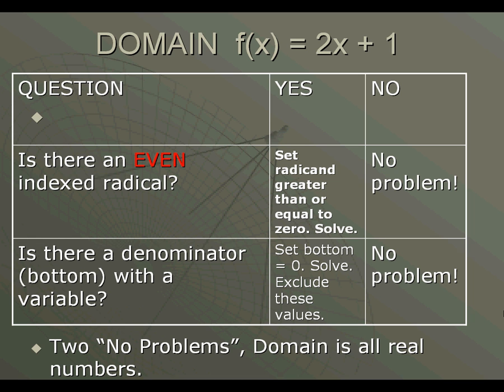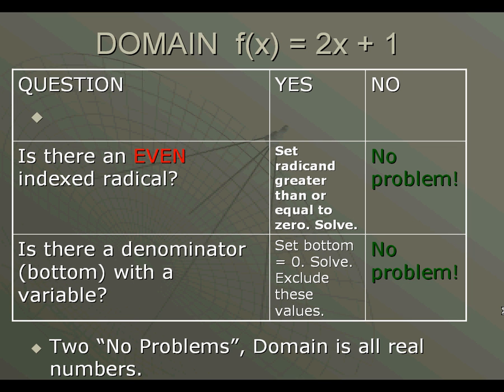Okay, the first question is there an even index radical? Well, the answer to that is no. There's nothing up there that even looks like a radical sign. The next question is there a denominator with a variable? Well, there's no denominator with a variable in it there. There's no denominator. You either consider there being no denominator or you're going to say the denominator is equal to 1.